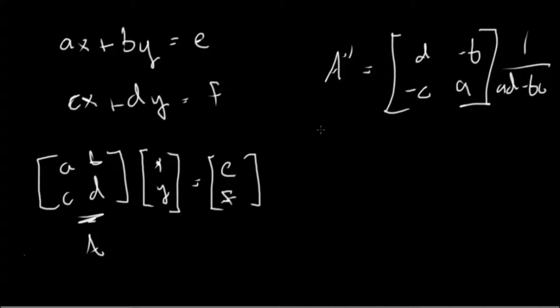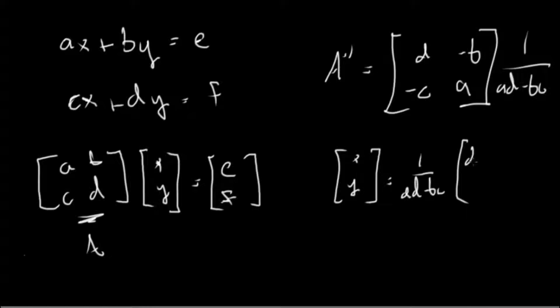Cool. All right, so I'm going to have [X, Y] equal to that thing times [E, F]. Cool. All right, I'm going to take that to the next page and go ahead and expand that thing.